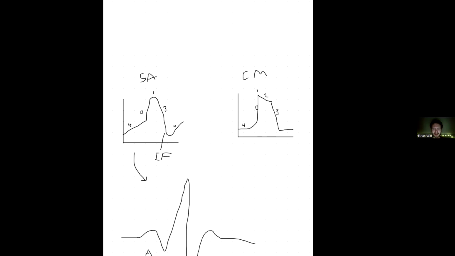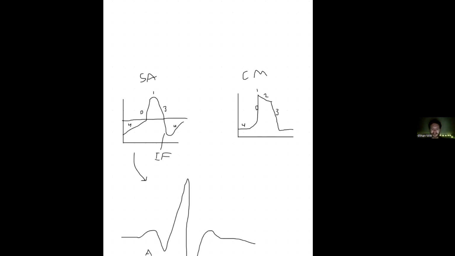And this is just kind of where it sits as the SA node cells are depolarizing until they reach this threshold, as positive ions such as potassium or calcium even are coming into the cell just kind of spontaneously. There's not really any specific special channel that's being opened or activated at this point.